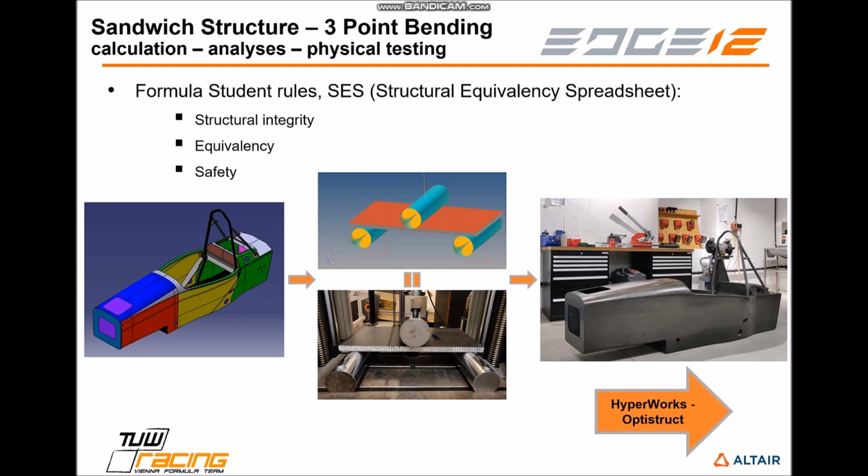In Formula Student, we have some rules regarding structural integrity, equivalency, which leads to driver safety. So we need to split up the monocoque into different parts and make some physical tests to pass this document. And for this reason, we use HyperWorks OptiStruct to simulate the panels before we test them.